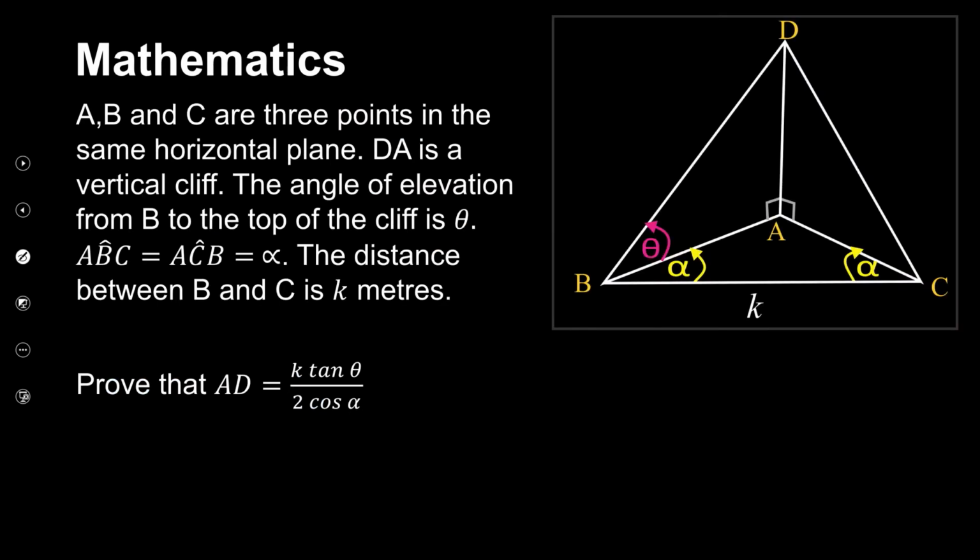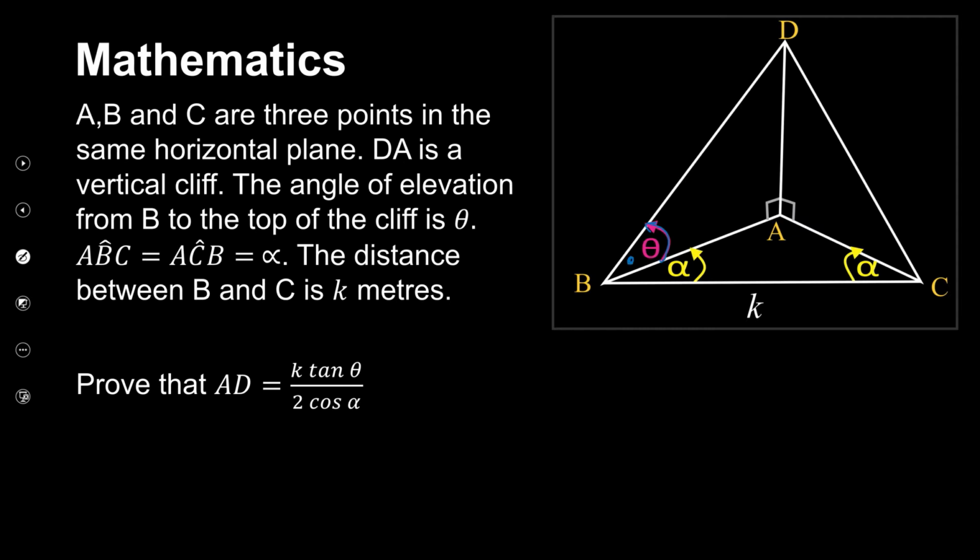Right, so let's look at our first example. They gave us A, B, and C are 3 points in the same horizontal plane. DA is a vertical cliff. And we have the angle of elevation from B to the top of the cliff is theta. So they're talking about this angle here, the angle of elevation from the horizontal upwards to D is theta.